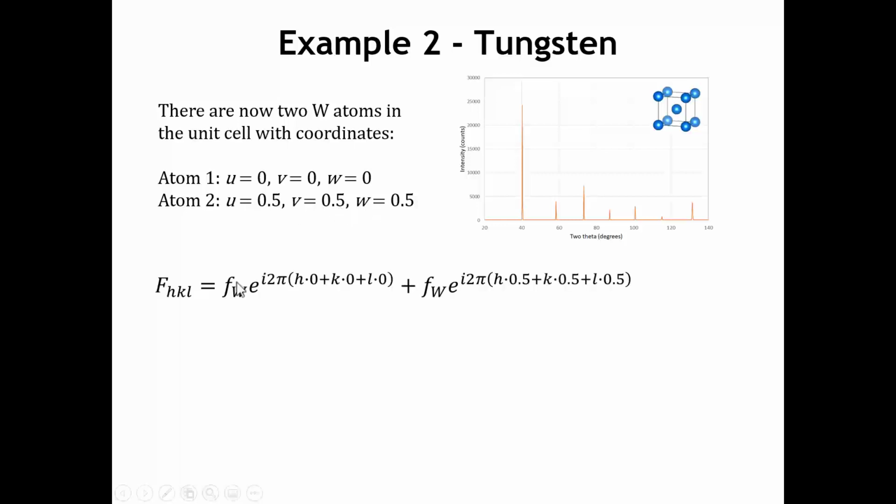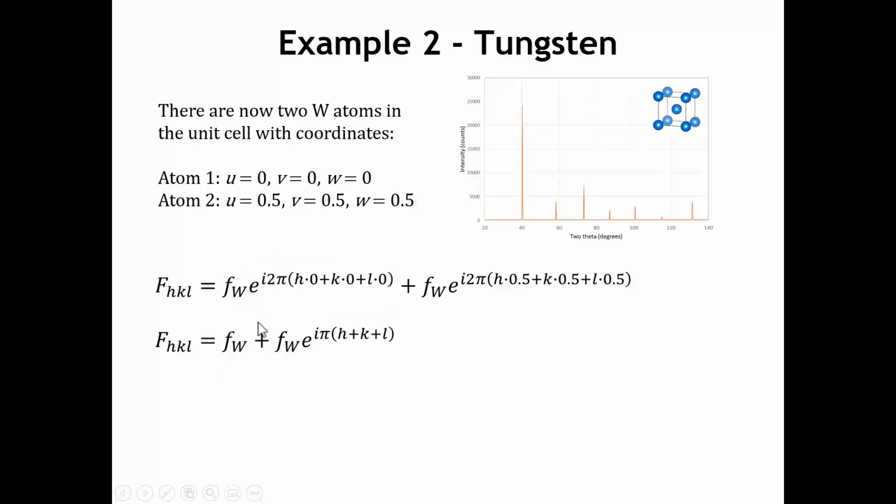In our structure factor equation, because there are two atoms in the unit cell, we have two terms. Because both atoms are tungsten, the amplitude of the waves is going to be the same, the atomic form factor of tungsten. But because the u, v, and w are different, this phase shift will be different. Right, so the first one, the 0, 0, 0, gives us an e to the 0, which is a 1.